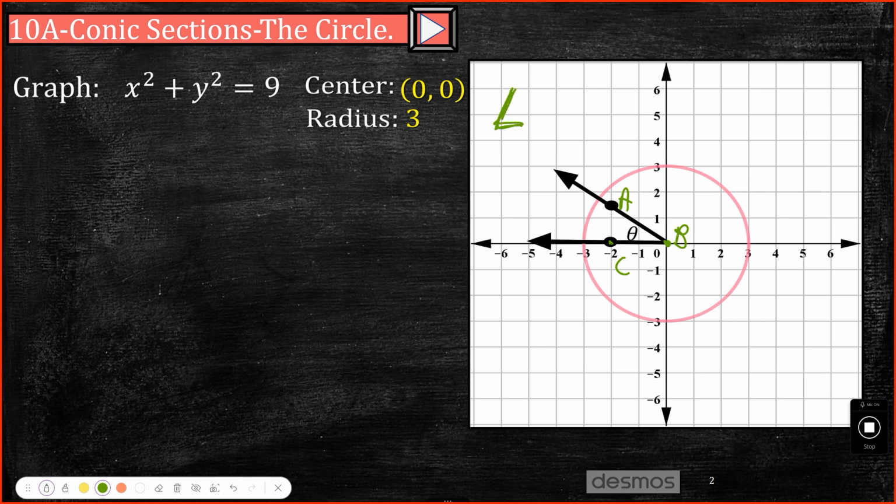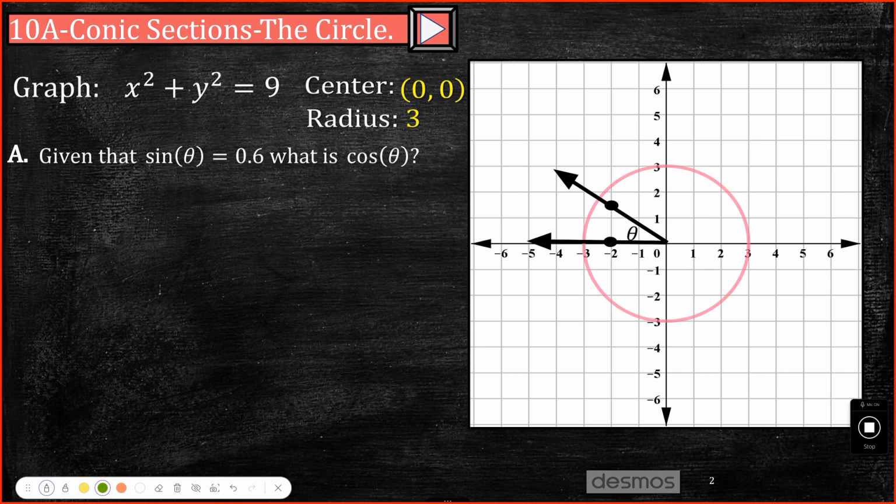Go back to geometry, this angle ABC, which is theta? What's the angle theta? Well, no, maybe that's not a good question for right now. Let's not do that. Let's have another question, because that's going to require something extra we don't have. Let's give you this question better. Go ahead and write that down.